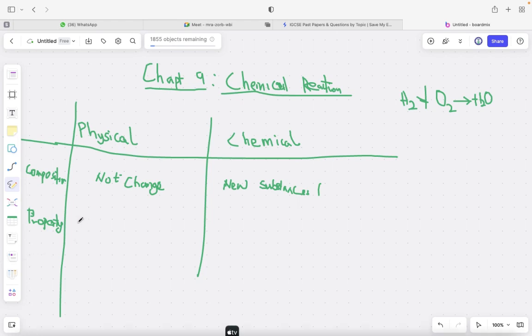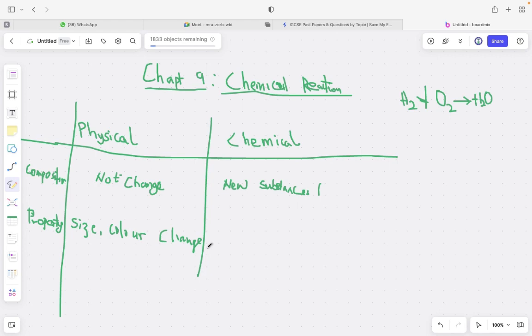Like the size, an ice block may change its size to something else. So size may change, color may change, but the chemical property of that substance does not change.